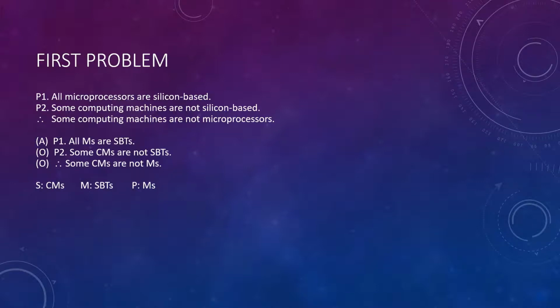Microprocessors, Ms, is the predicate term of our conclusion. That makes it the predicate term of the syllogism. The next thing we want to do is mark all of the distributed terms. The subject of our A sentence is distributed, and the predicate of our two O sentences is also distributed.